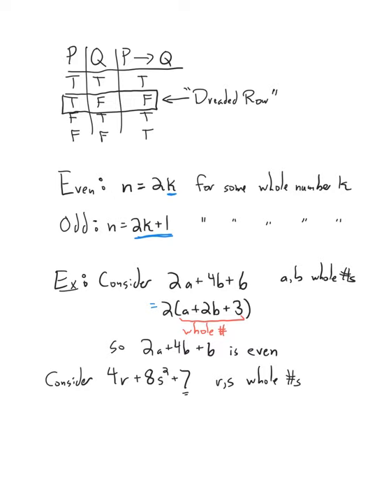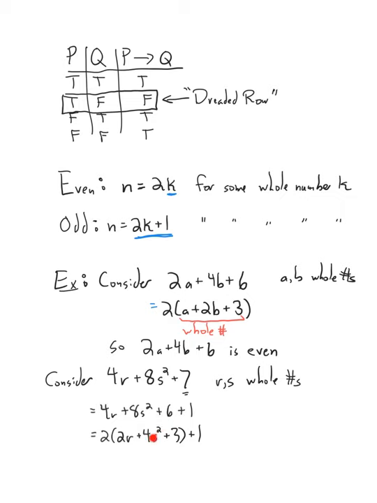This is the same thing as 4r plus 8s squared plus 6, plus 1. So if I can write this as a bunch of even things plus 1, well, I can factor out a 2 from each of these even terms. So this is the same as 2 times (2r plus 4s squared plus 3), plus 1.